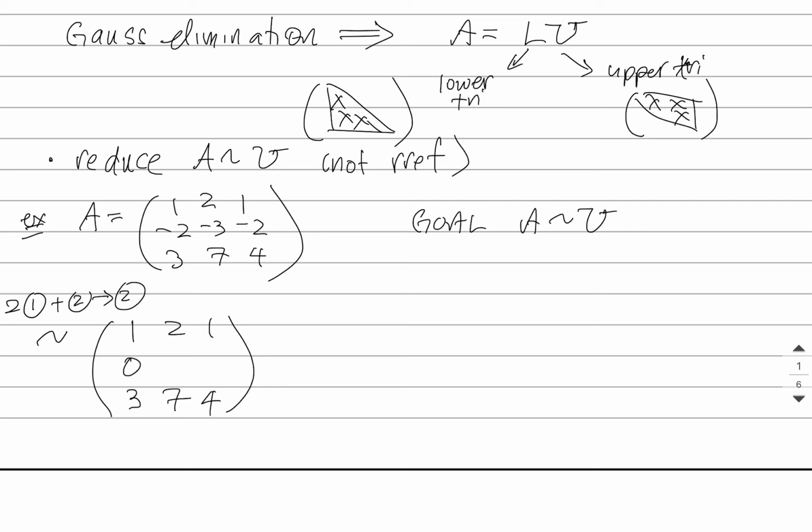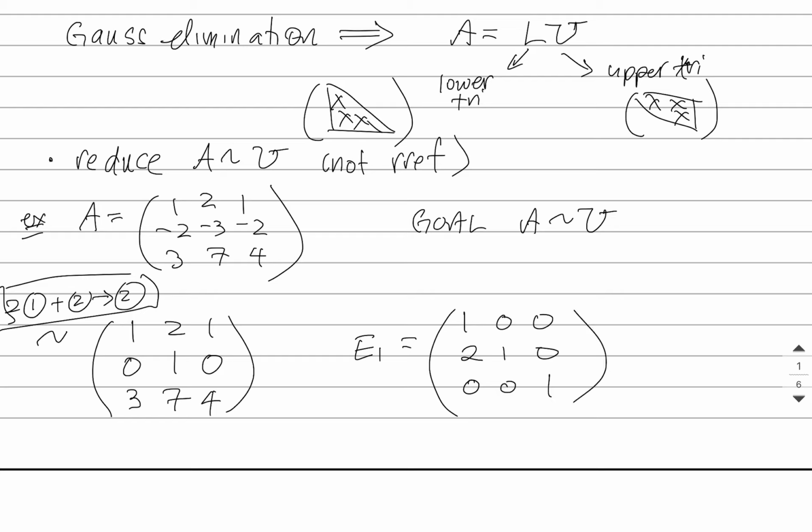Twice that top entry, add it to the next one to make a 1. Twice this entry makes a 0. Now, the elementary matrix that performs this is essentially us doing this same step on the identity matrix. So we'll have 1, 0, 0, then 2, 1, 0, and 0, 0, 1.